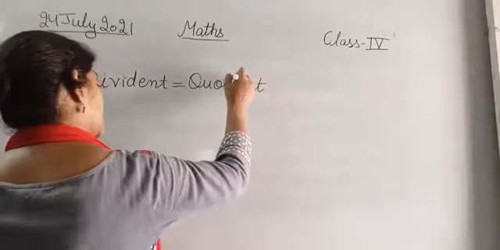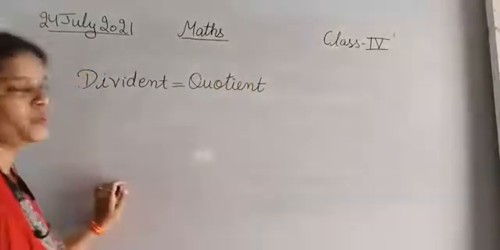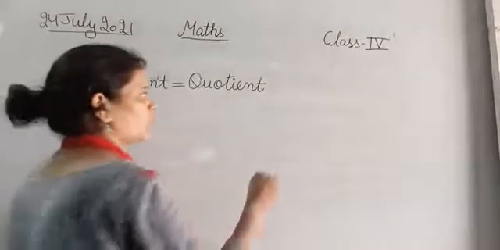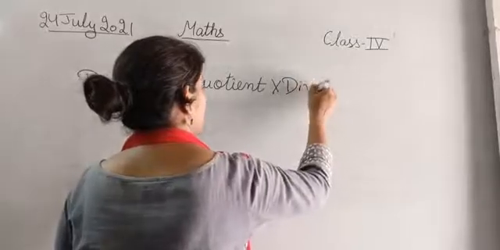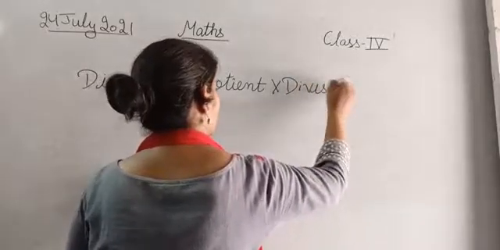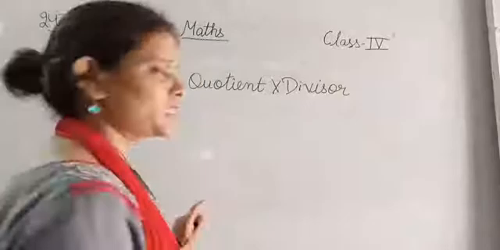Dividend is equal to quotient multiply divisor plus remainder.